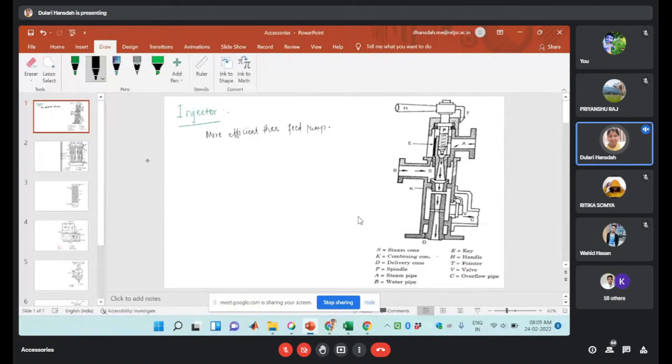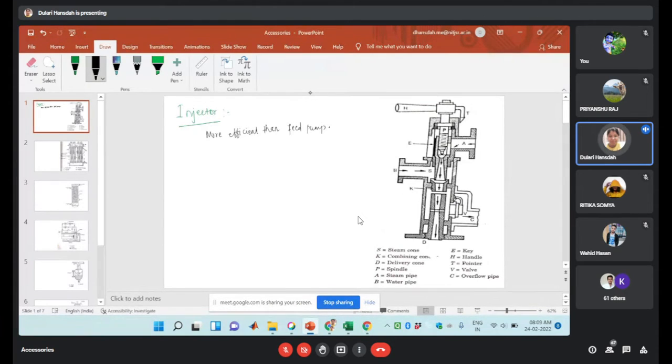In this case, some amount of steam will be utilized in pumping the liquid water. So in that case, what will happen? The water which is supplied to the boiler is already preheated with the help of that injector.